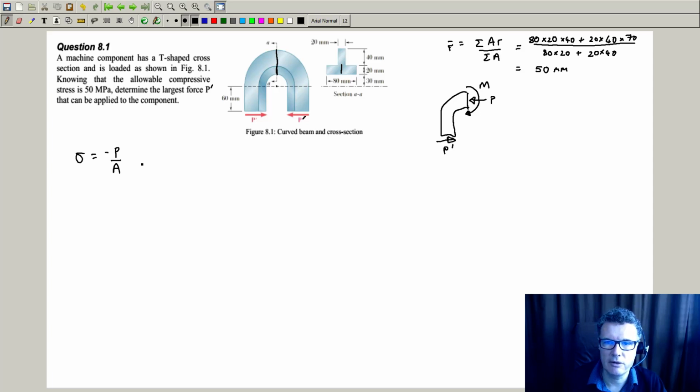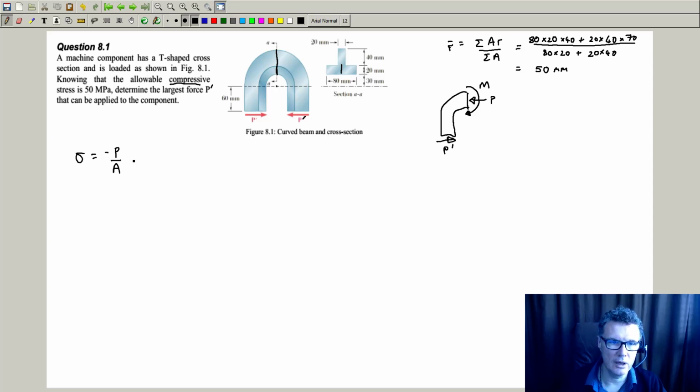So if we've got a compressive stress, we are expecting the largest, actually, yeah, they're hinting at telling us to do this anyway. So we're expecting the largest stress to be compressive stress anyhow. And that's what we've been told to look for.